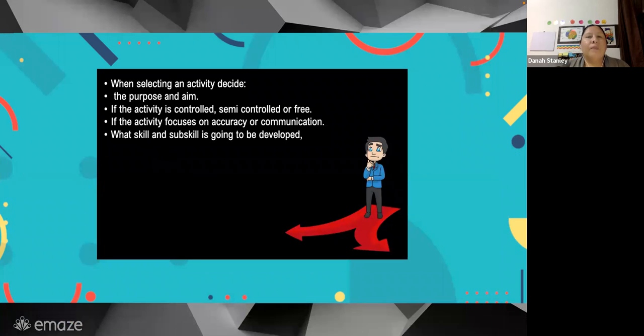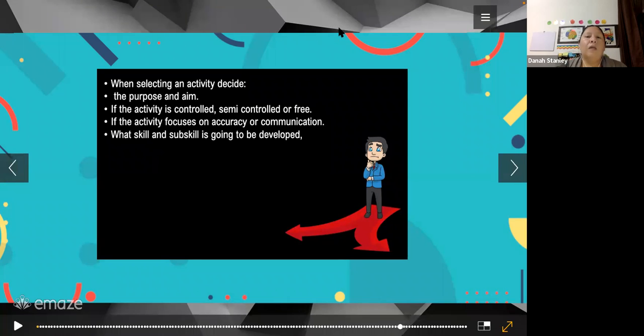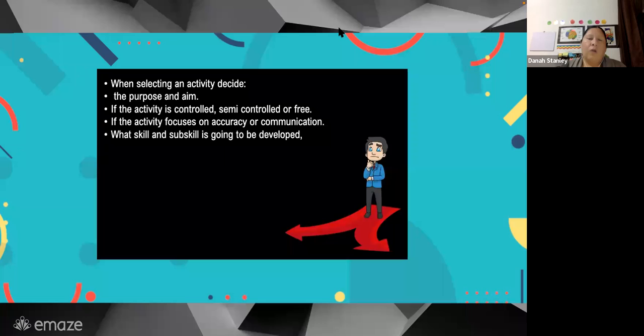And if this exercise is focusing on developing accuracy, that means the form and the use of grammar and vocabulary, or if this exercise is mainly focused on communication, developing fluency. Remember, with fluency, you don't interrupt your students. With accuracy, you can from time to time correct while your students are performing.